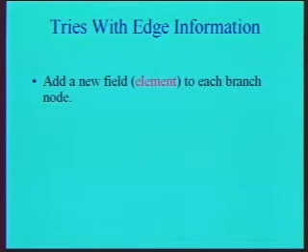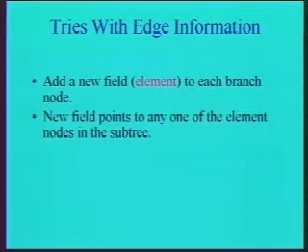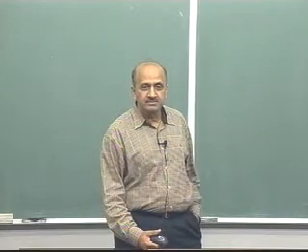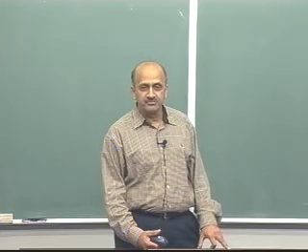Which means that on the way down you could check for equality with these characters during a search. And if you find a mismatch, you don't have to go any further down the trie. We use this information on the way down during a search to compare digits that you're skipping over.